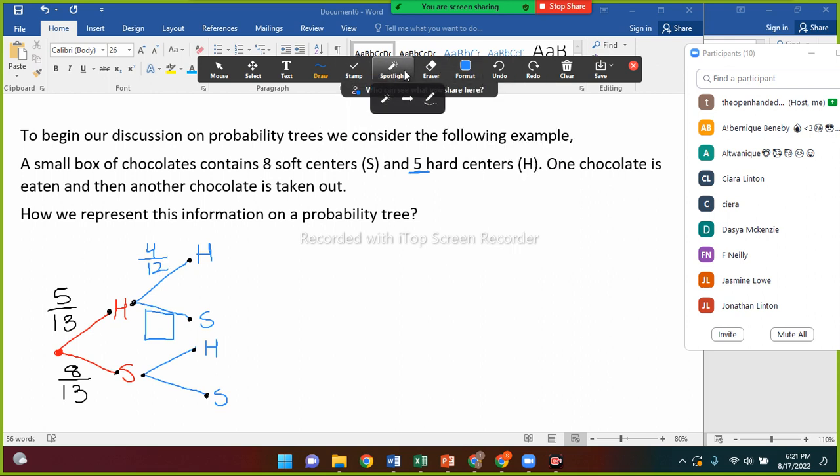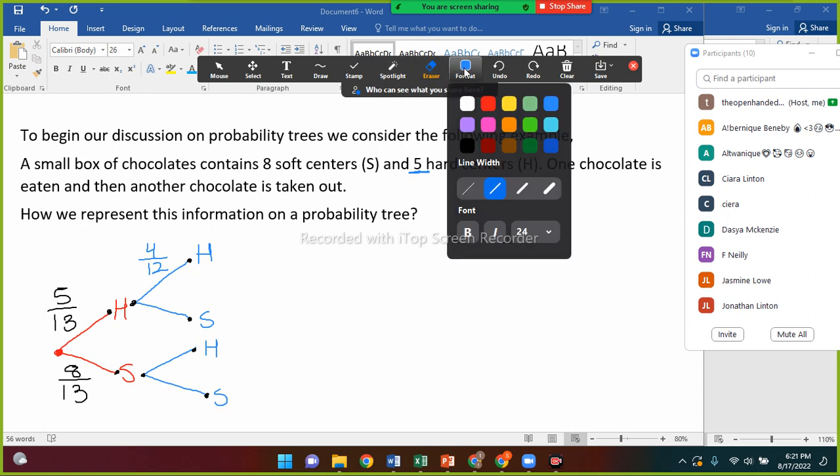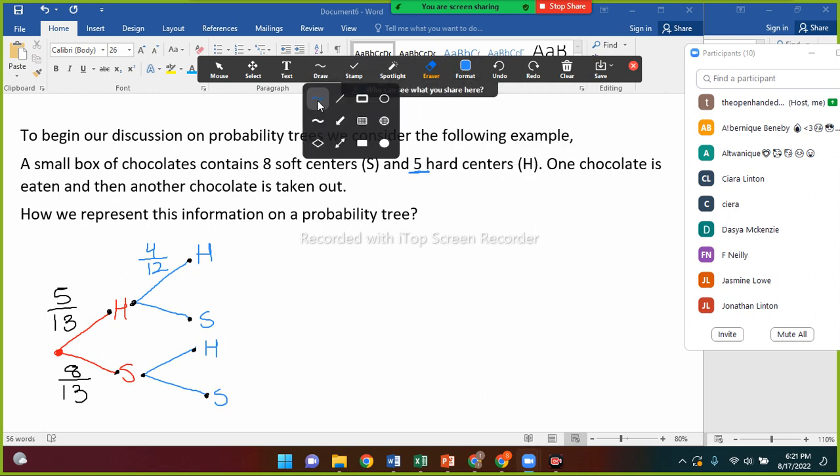So what number plus 4 gives me 12? 8. If I add 8 to 4, I'm going to get 12. So the probability of me getting a soft-center one is going to be 8 out of 12. Now let's go to this one.